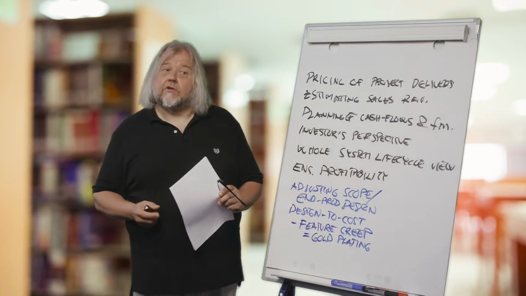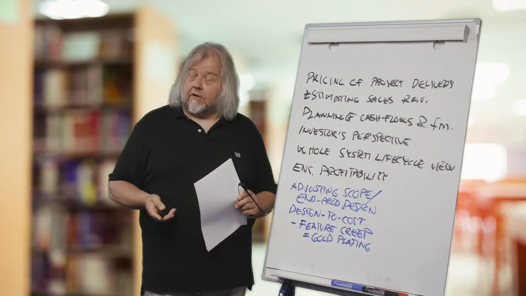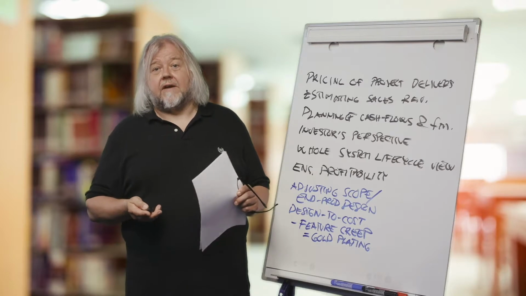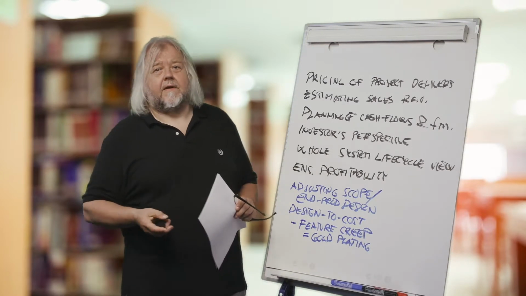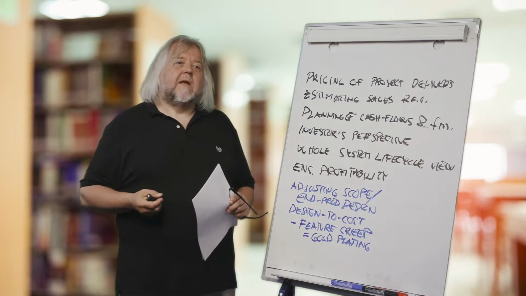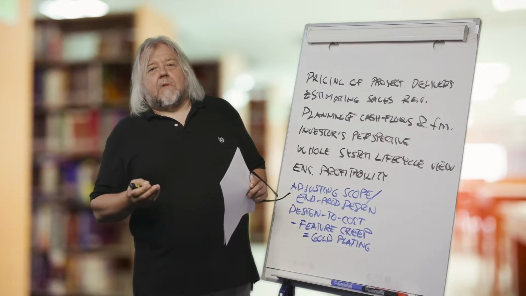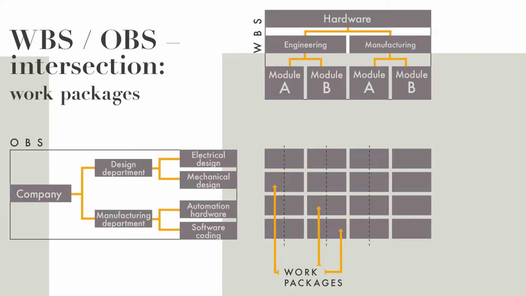Well, next I'm going to discuss hierarchical structures of cost recording and cost reporting. So we move to that theme now. We are familiar with work breakdown structure, which is a project structure.